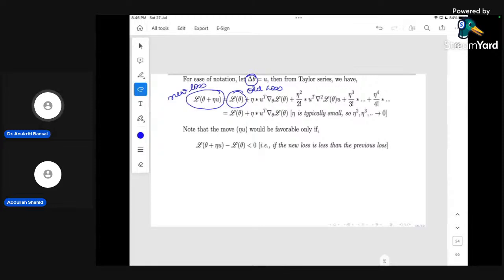What I actually want is that this new loss should be smaller than the old loss. So I can say that new loss minus old loss should be less than 0.